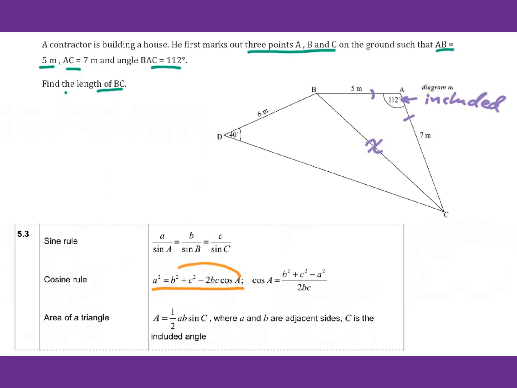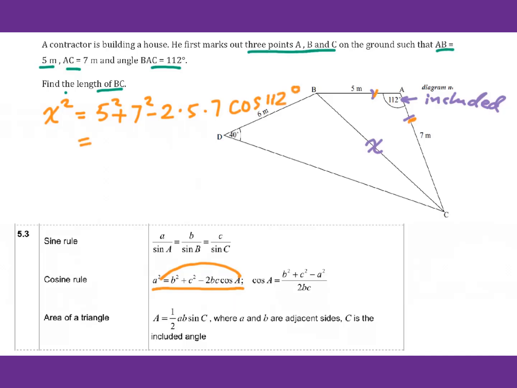So, these two are the corresponding side and angle. Therefore, x squared equals 5 squared plus 7 squared minus 2 times 5 times 7 cosine 112 degrees.